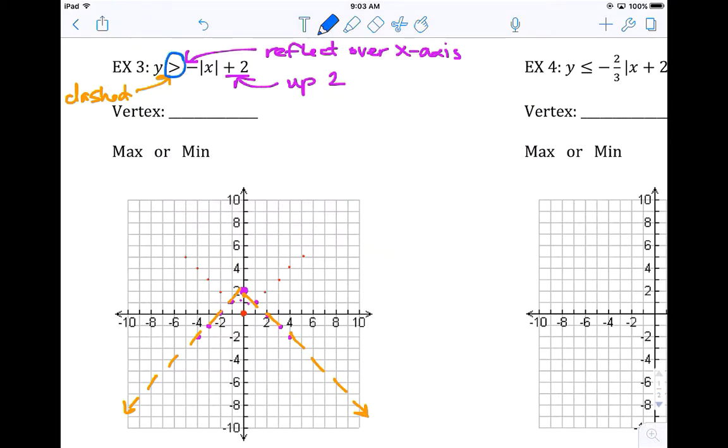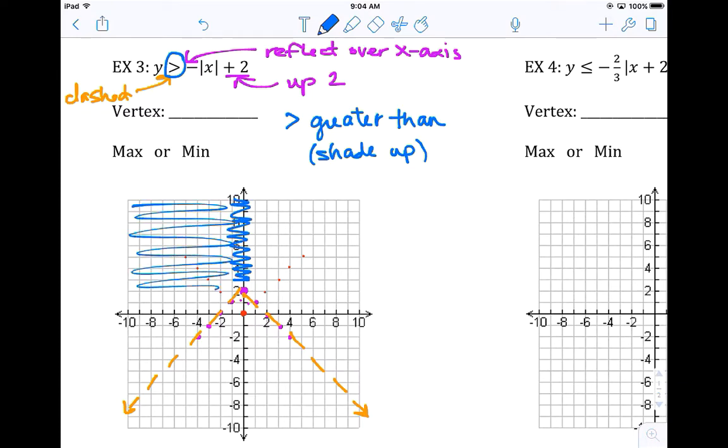So we were given a greater than sign, which means we are shading up the y-axis. So going up the y-axis is right here, and that means we're going to shade everywhere outside of our graph.